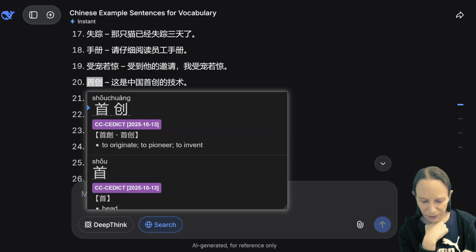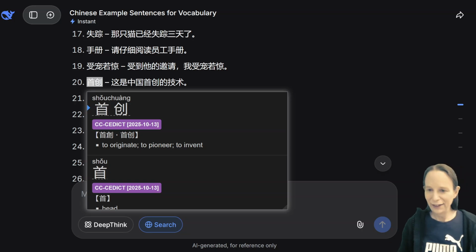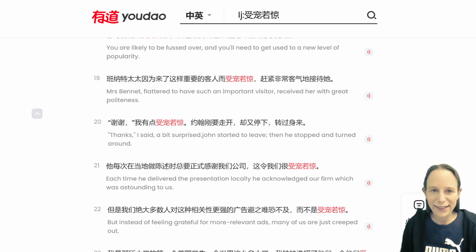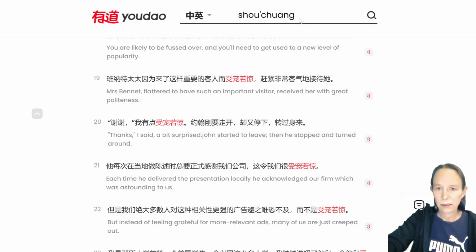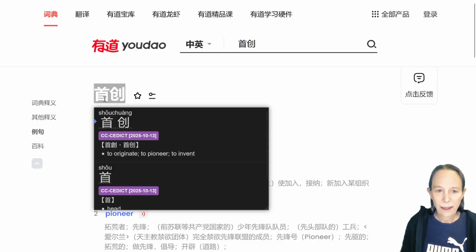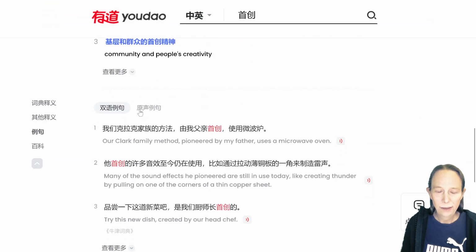It's a bit different. 这种产品在国内还是首创，还是首创。Yeah, I don't think that example is. 对，还是首创。That's a weird example. 由我父亲首创。So pioneered by my father.